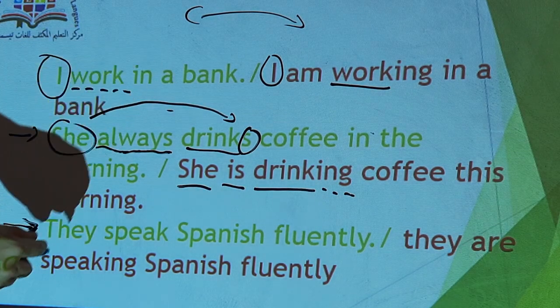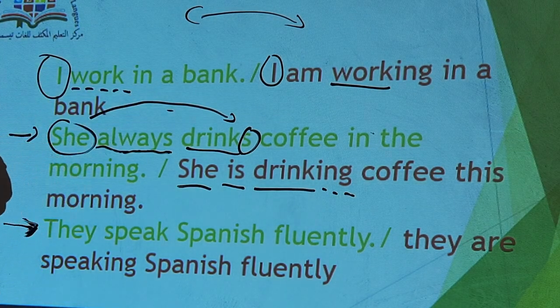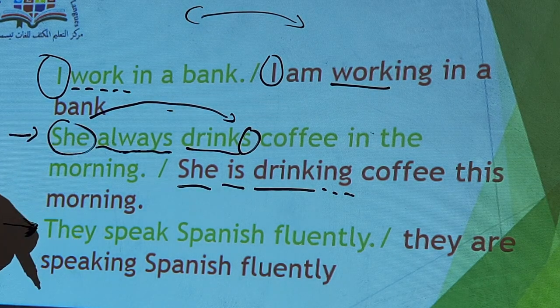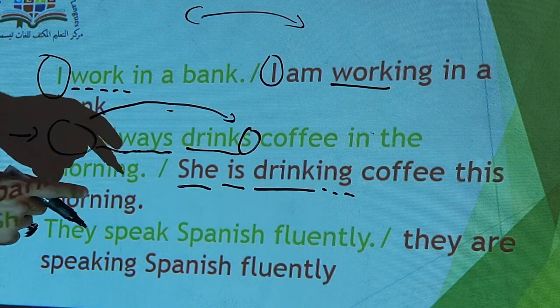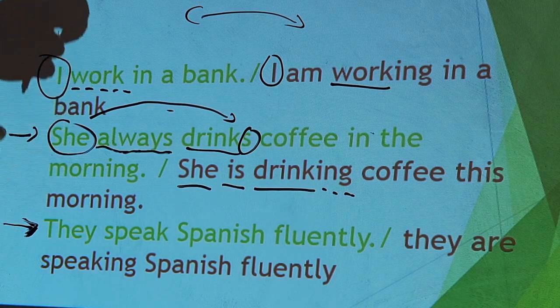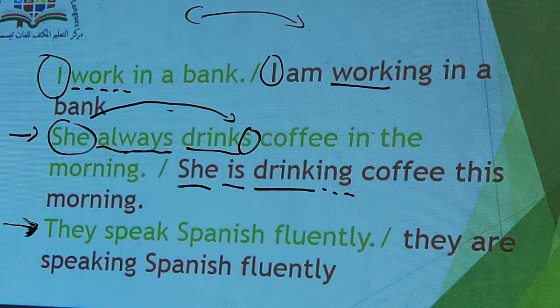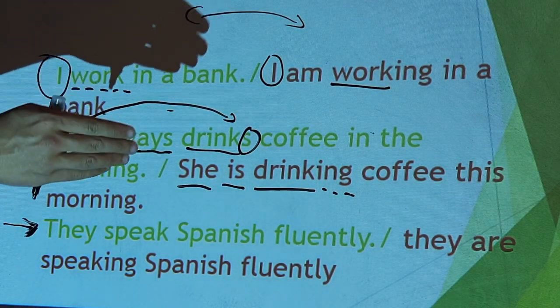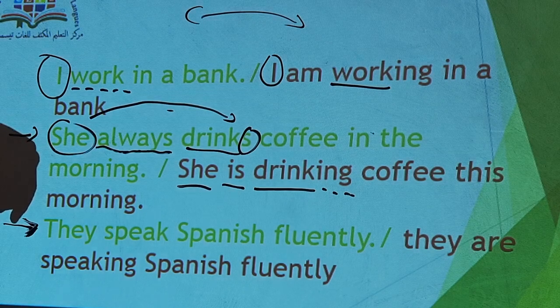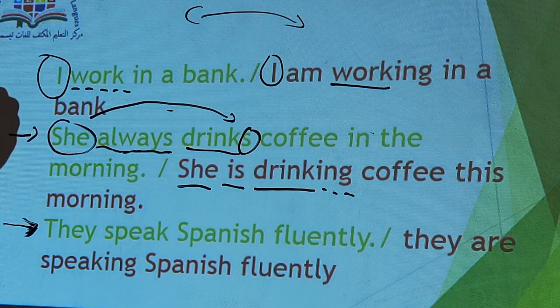However, when I say they are speaking Spanish fluently, this is the present continuous. They speak Spanish fluently means that speaking Spanish is one of their skills, one of their abilities. However, when I say they are speaking Spanish fluently, it means it is happening at the moment of speaking.